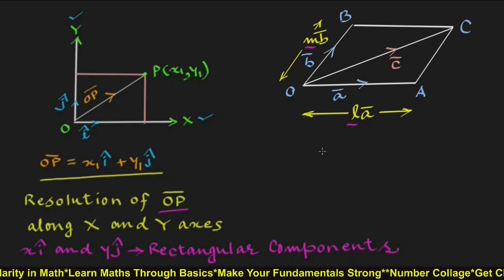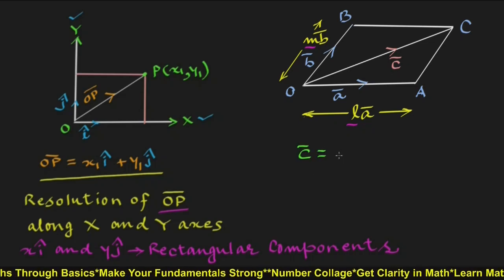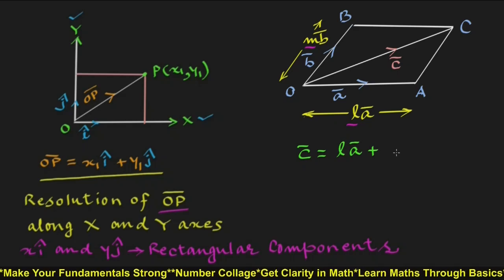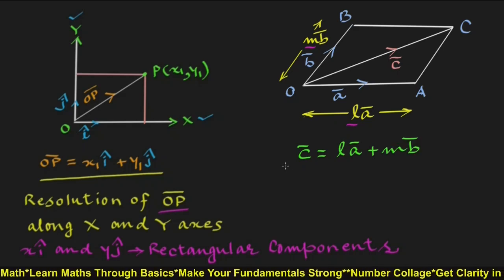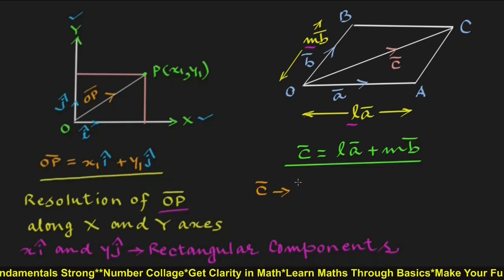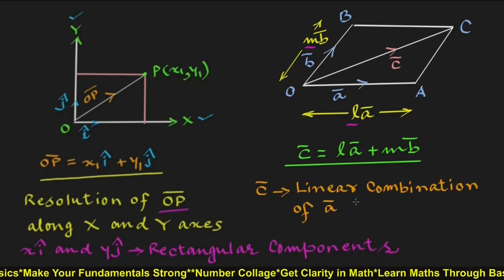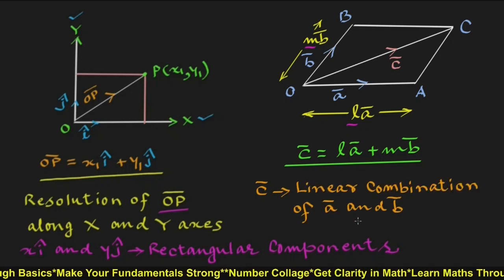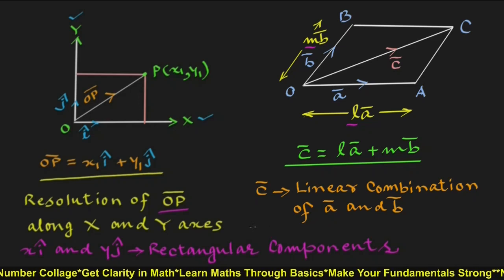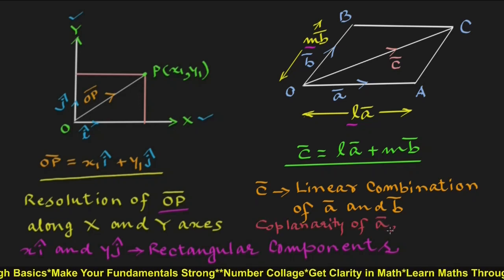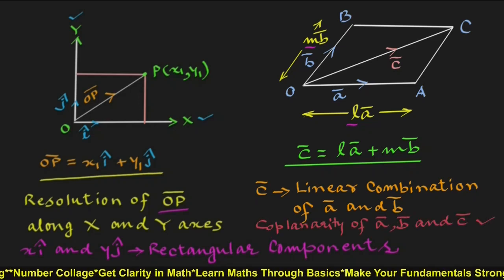Then we can write C bar equals LA bar plus MB bar and call this expression C bar a linear combination of A bar and B bar, and that also implies coplanarity of A bar, B bar and C bar.